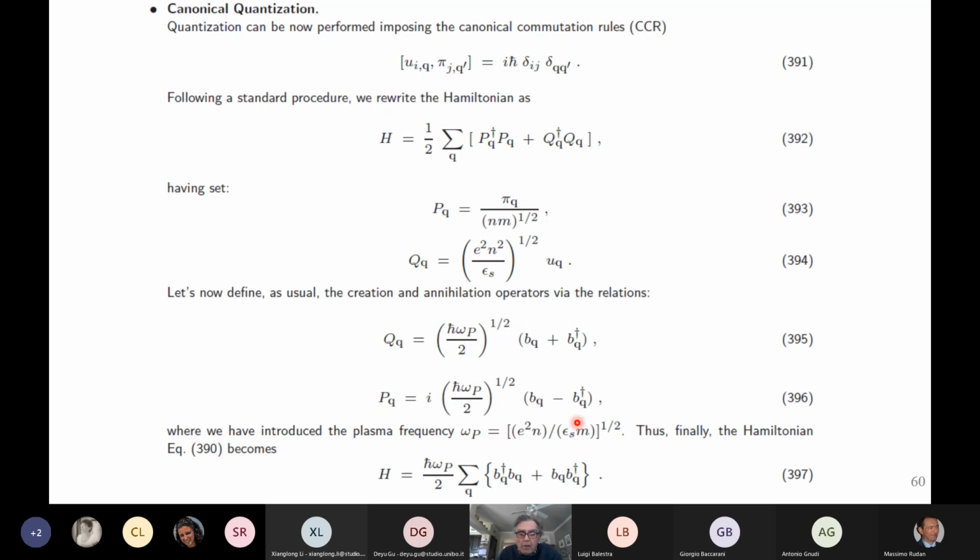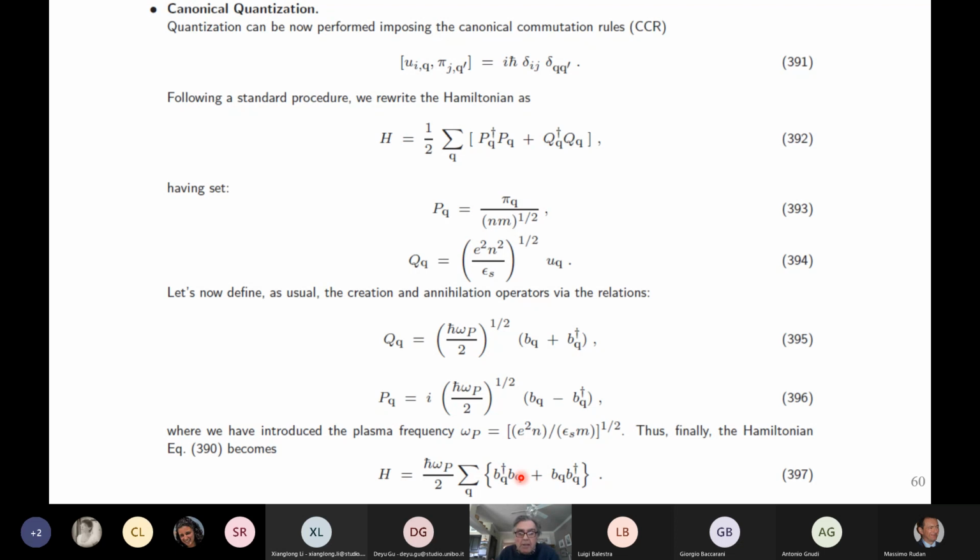Having introduced this frequency, which we recognize is the same plasma frequency that we discussed at the previous lecture, if I plug back into my expression for the Hamiltonian the expression for these objects that now become operators, because I've asked that they satisfy the canonical commutation rules, you can write the Hamiltonian in terms of the operators B in this form.